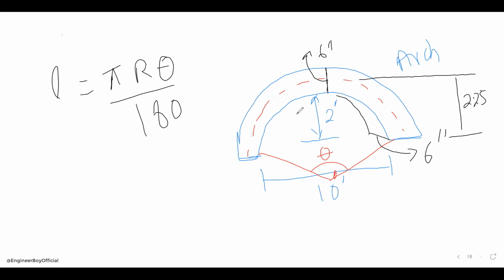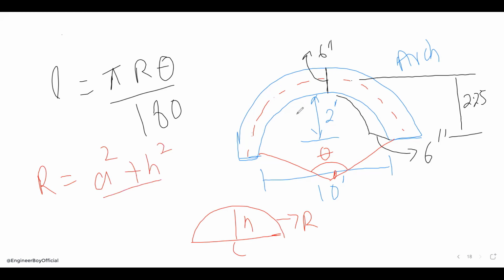Now, if you have some conditions like this, if you have the chord, let's say this is L and this is H, then of course you're going to calculate the radius of the same curvature. And if you have these, you can use the Pythagoras theorem. This is just the Pythagoras theorem.